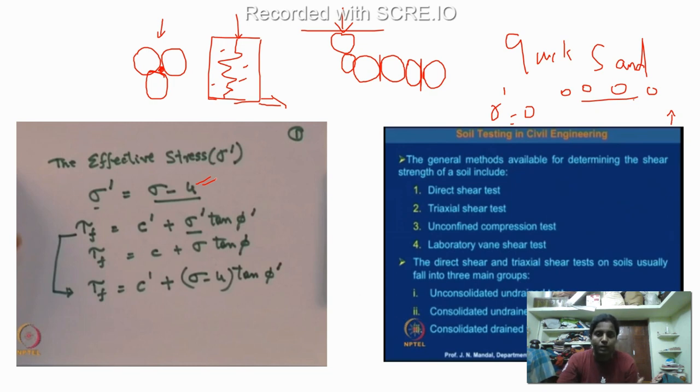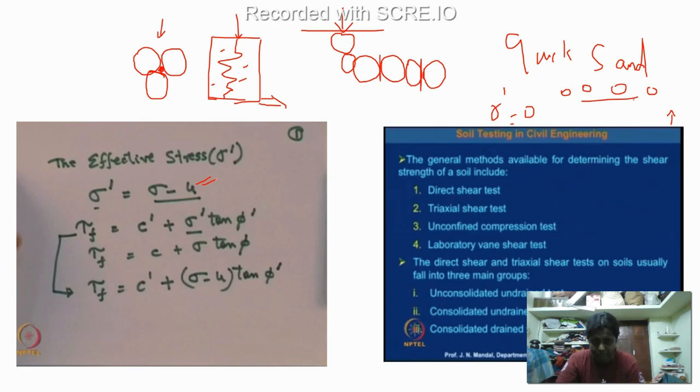If you allow pore water pressure to build up, it will obviously reduce the soil strength. Even in earthquakes, you have seen conditions like sand boiling and liquefaction.